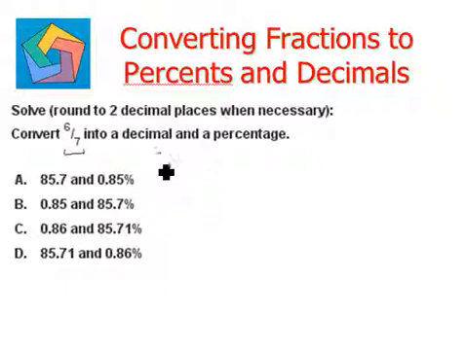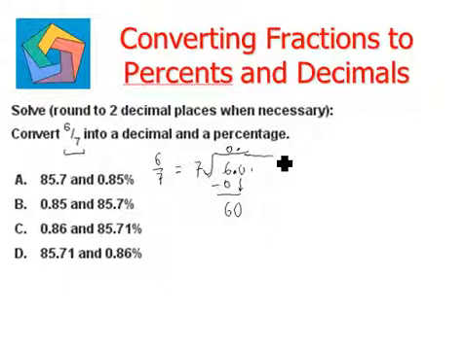Now 6/7 is nothing but 6 divided by 7. So 7 times 0 is 0. 6 minus 0 is 6. Decimal here, decimal on the top, 0 here, and we bring this down. So this becomes 60. 7 times 8 is 56. 60 minus 56 is 4. 0 on the top, 0 brings down.